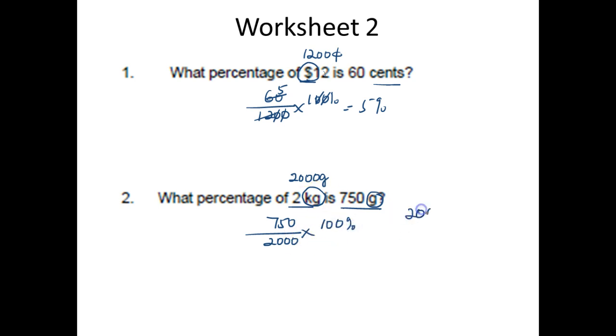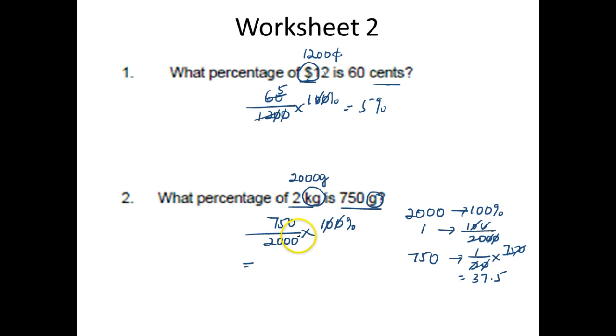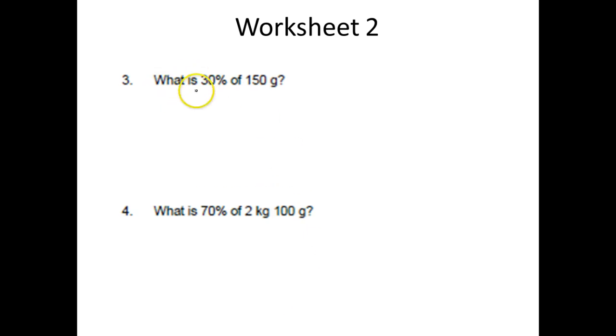Therefore, 1% will be 2,000 divided by 100, and 750 gram would be 1 out of 20 times 750, which is 37.5. In this method, I can cross multiply, and I also get 37.5%.